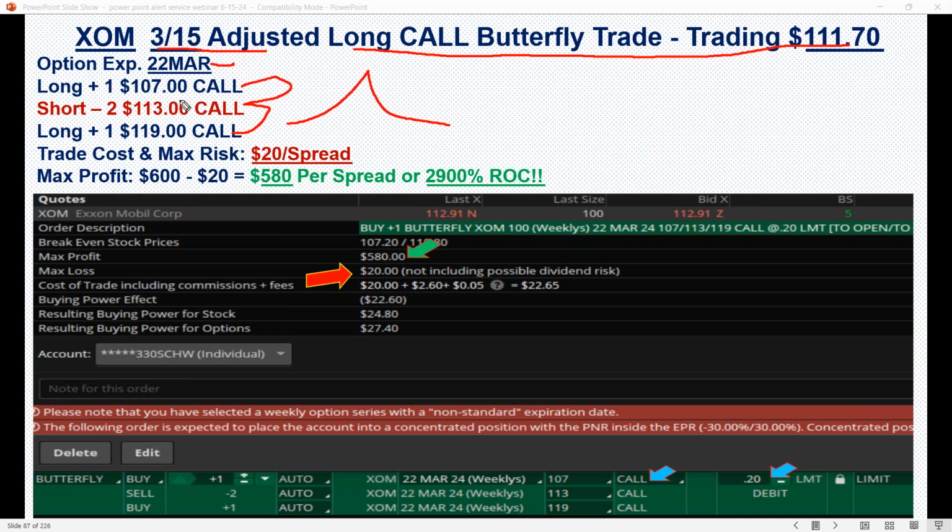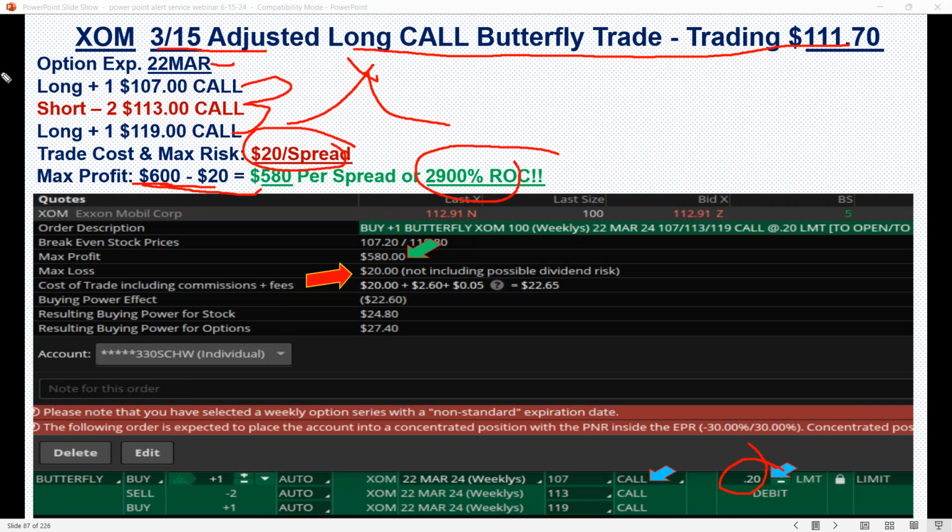And we had it at a $6 wide spread, so 600, and now look at the trade cost. By doing the butterfly, we adjusted the spread cost down to $20. Potential to make, if it went out right there at our pin, 580, to make 2,900% return.